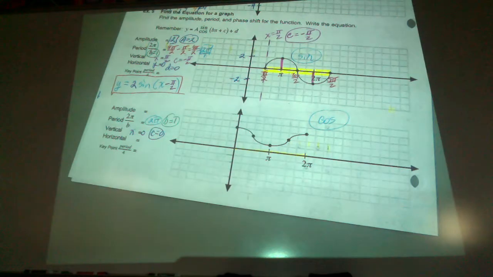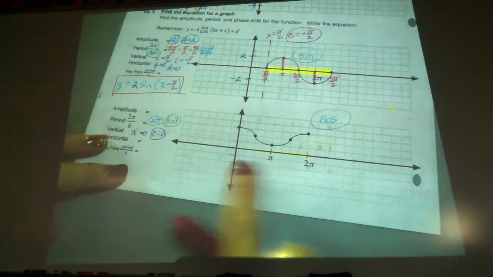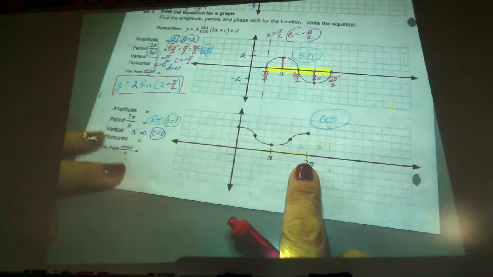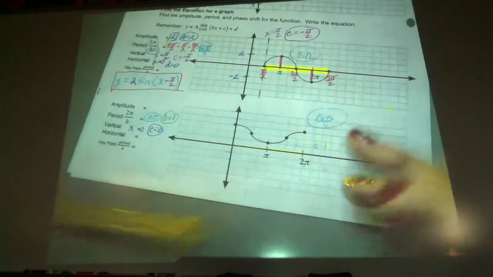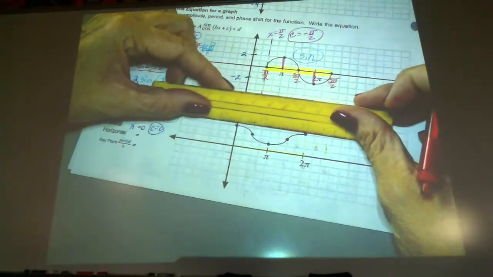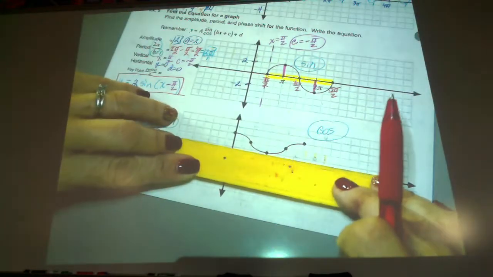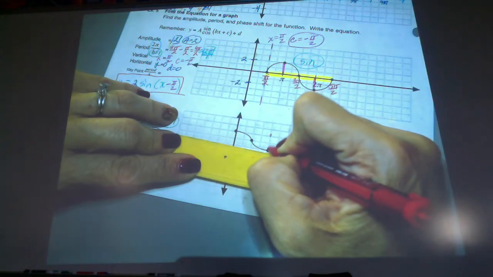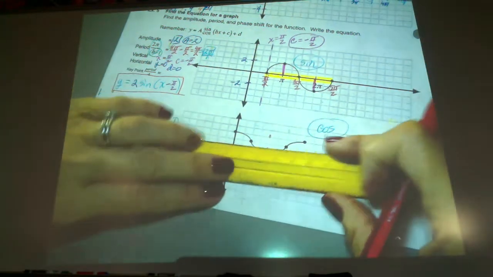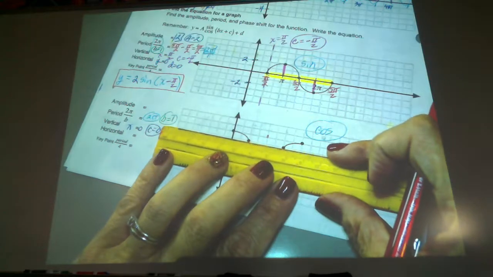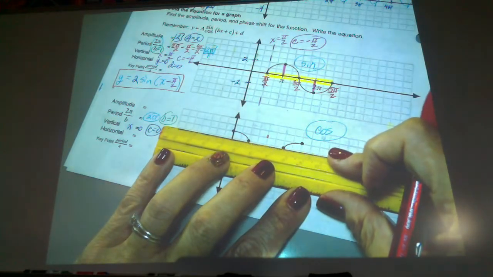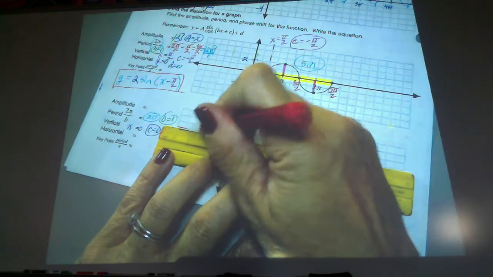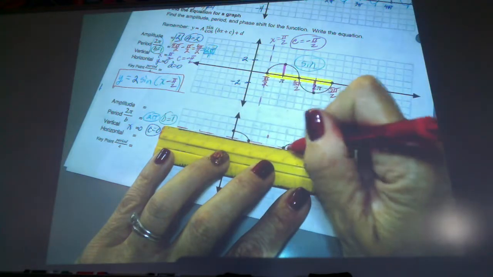Has this been moved up or down? Yeah, it actually has, because it's not even touching the x-axis. So what you want to do is find your highest point, which is here, and your lowest point, which is here. What's the distance between the highest and the lowest point? 2. Half of that is 1. So I want to draw a 0 line directly cutting that in half horizontally, because your 0 line should be cutting your graph in half horizontally.